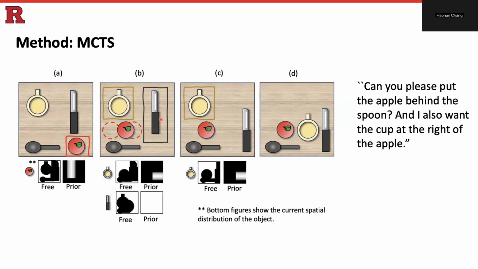Say I sample it here. If I sample it to this region, it's fine. But if I sample it to this region, it's not fine because the cup cannot be put inside this part. So finally, we choose to sample the apple to this region, and then we can sample the cup to this part.